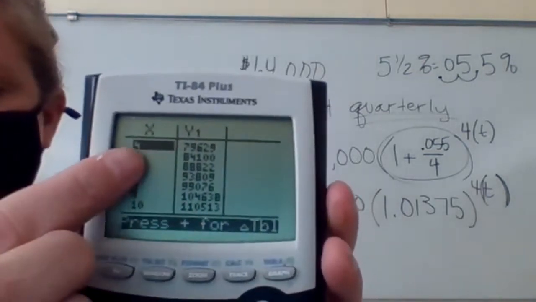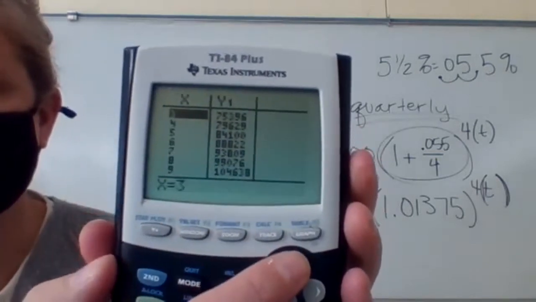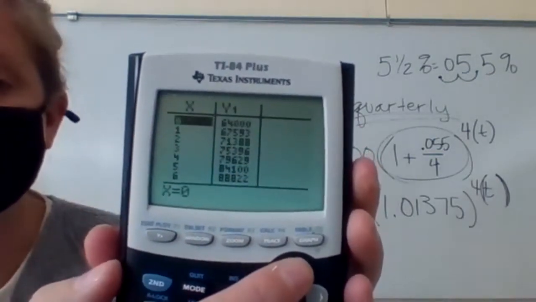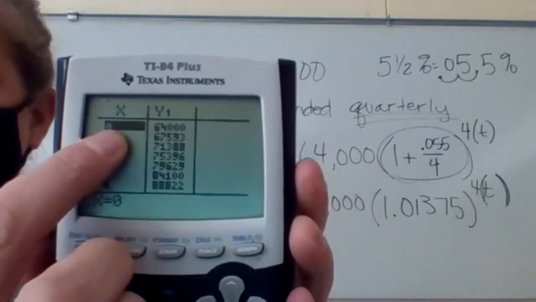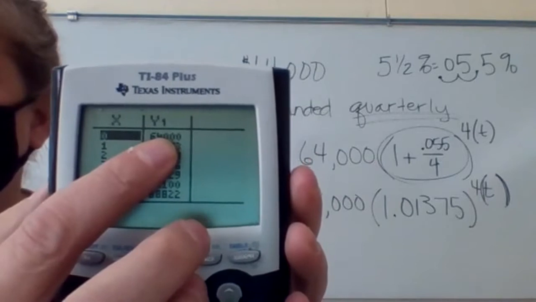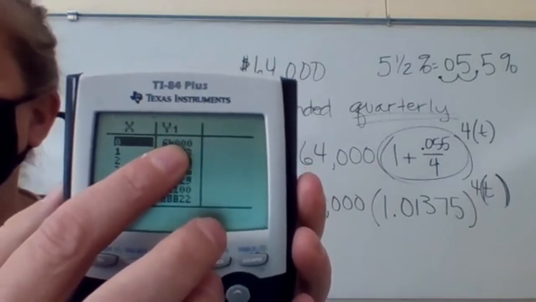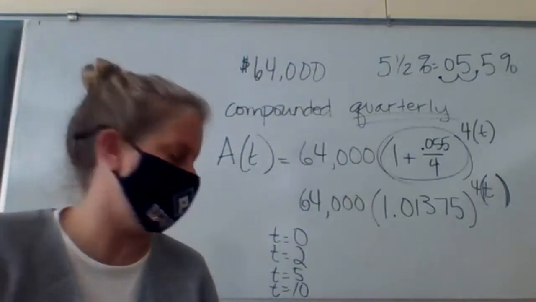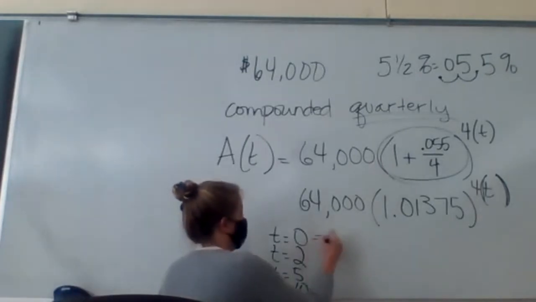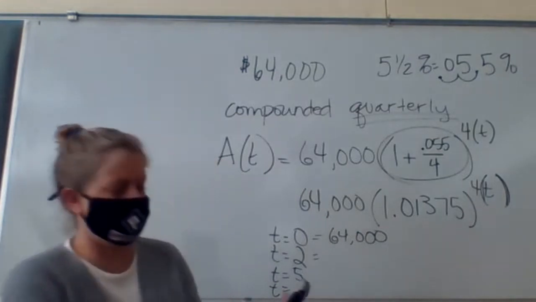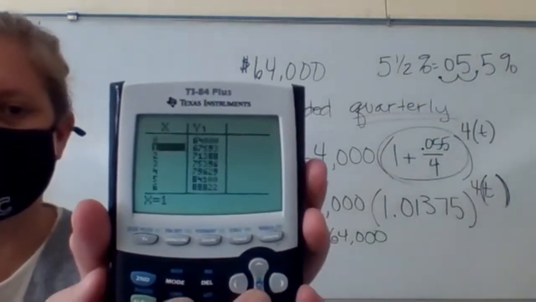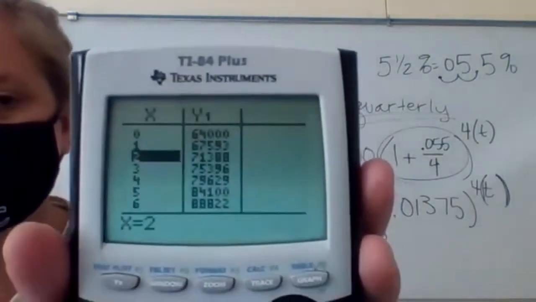So what am I looking for in my x column? I'm looking for the different number of years, right? After 0 years, I'm still at $64,000. I just put it in. It hasn't had time to make any money on interest. So it's still 64,000. Then after 2 years, again, you're just looking for the 2.